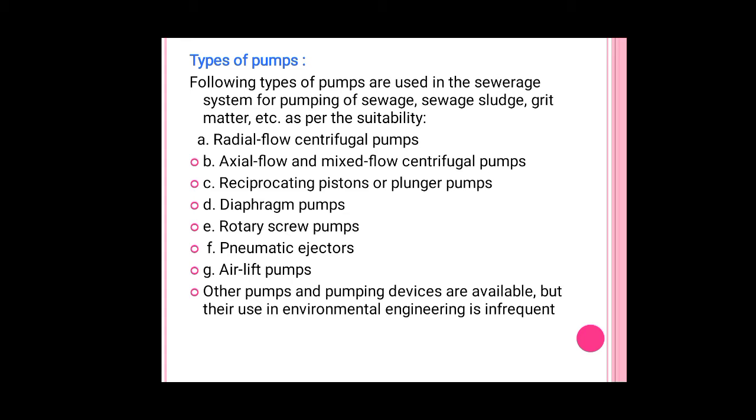Third is the reciprocating piston or plunger pump, diaphragm pump. Then next is the rotary screw pump. Then next is the pneumatic ejectors and airlift pump. These pumping devices are available, but these are infrequent in environmental engineering.